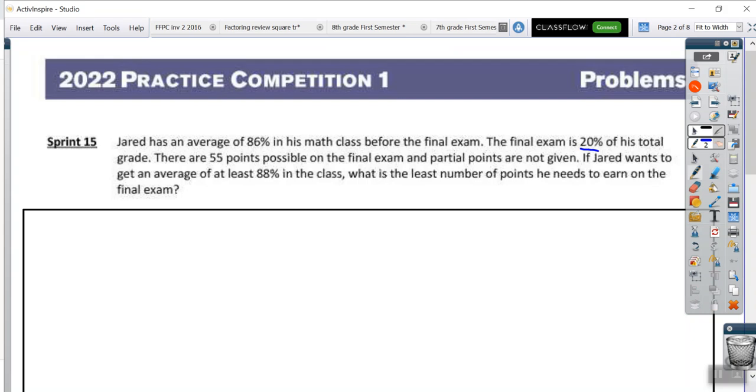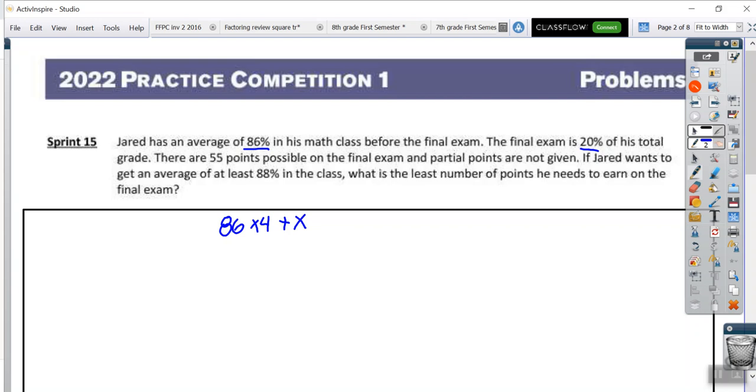So the first thing we've got to understand is 20% is 1/5 of your final grade, right? So that means this part here makes up 4/5 of his final grade. If we break this into fifths, we have his 86, and that's 4/5, plus whatever he gets on his final exam.